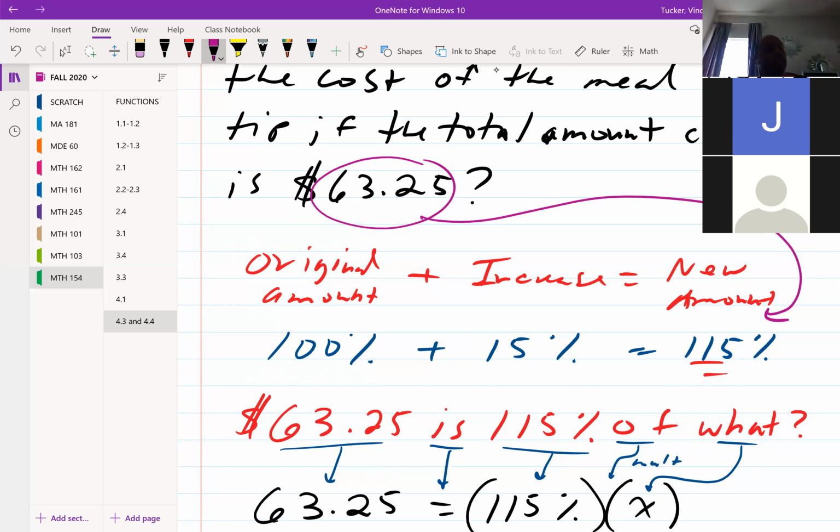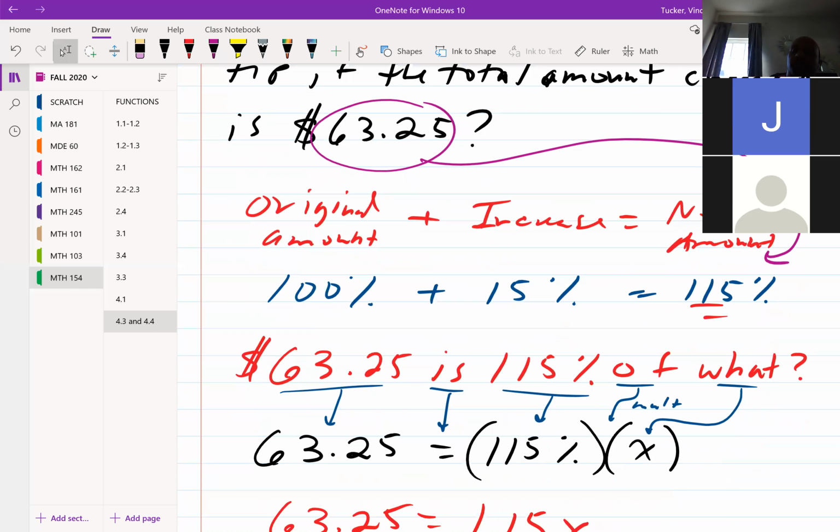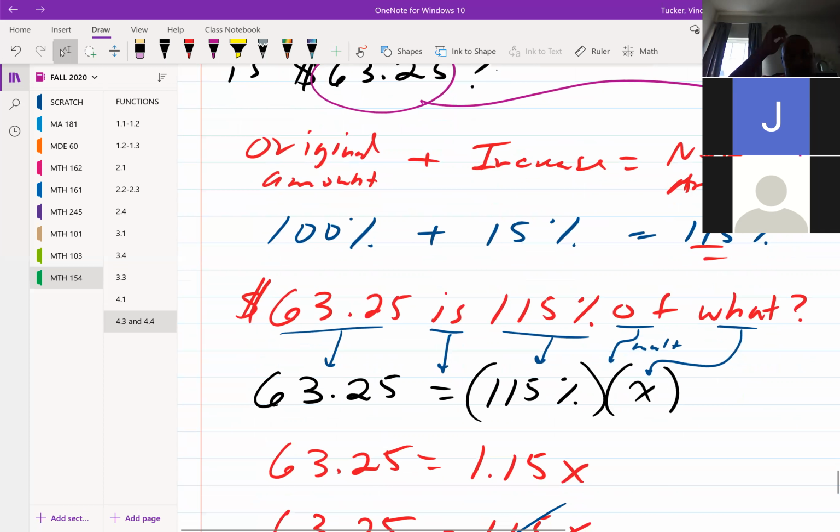So we talked about last class how we can set it up as an equation if we can see this relationship, wherein is your equal sign, 115%. We'll convert that to a decimal, 1.15, of is multiplication, and what is your variable.